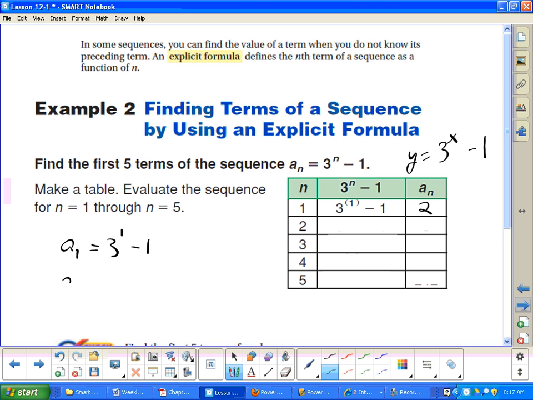Then a sub 2, the second term, would be 3 raised to the second power minus 1, and so on. So recursive, we use the previous answer to get the next one. Explicit, we just use the formula and the term number.